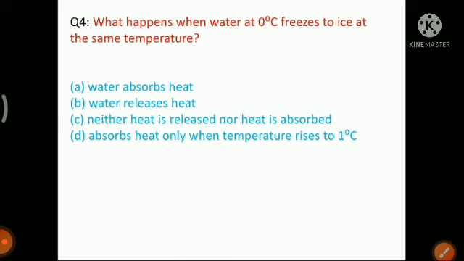Now let us look at question number 4. What happens when water at 0 degree Celsius freezes to ice at the same temperature? Option A is water absorbs heat, option B is water releases heat, option C is neither heat is released nor heat is absorbed, option D is absorbs heat only when temperature rises to 1 degree Celsius.